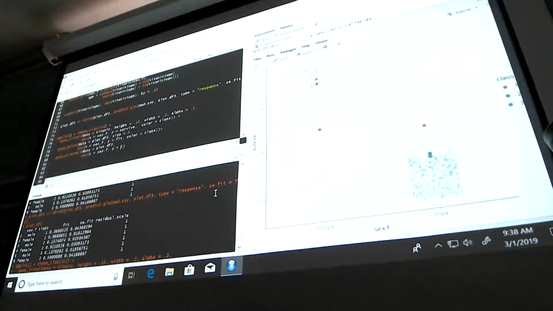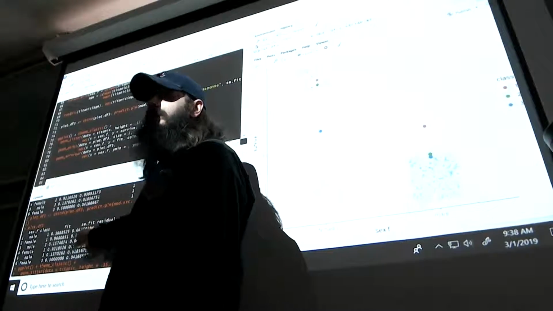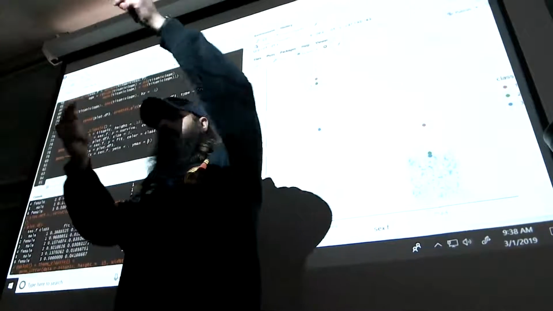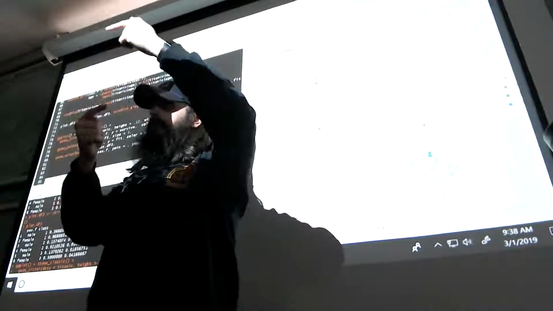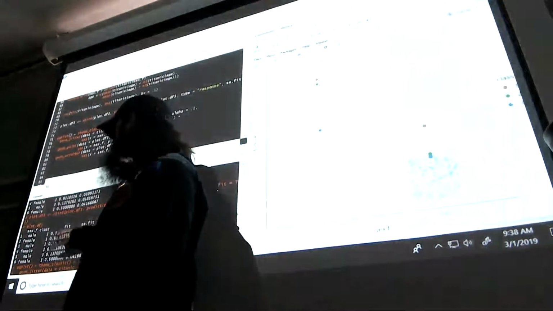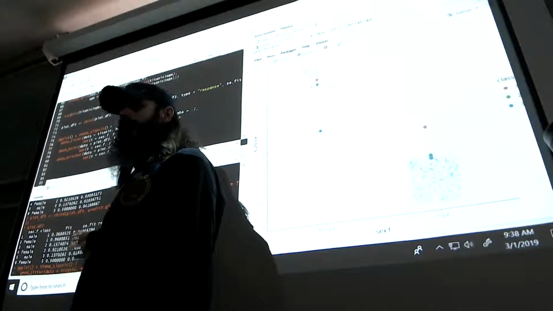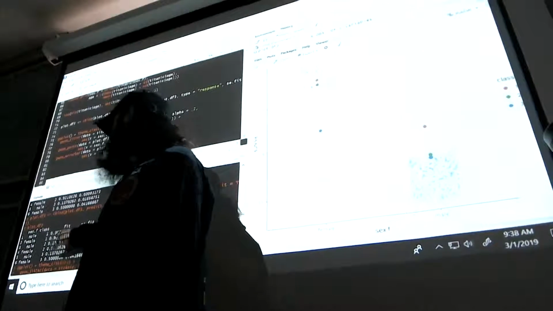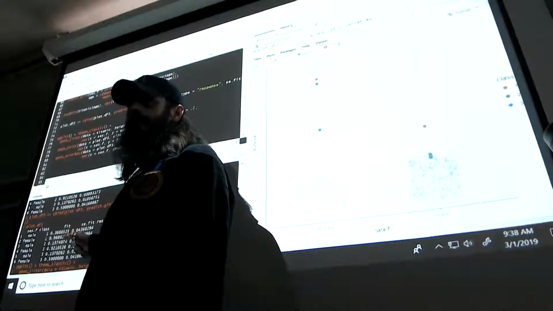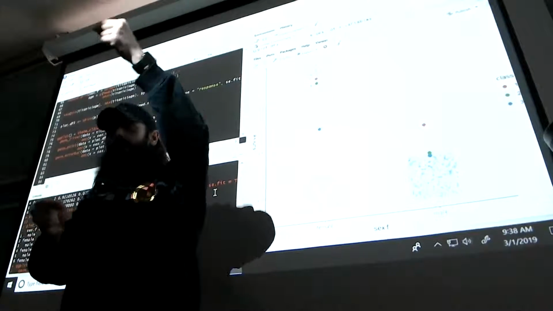For this error bar, we have ymin and ymax. If we just say that our ymin equals the prediction minus the standard error, and the max is the prediction plus the standard error, then what our error bars are showing is the prediction and the standard error. If we do the fit plus 1.96 times the standard error and fit minus 1.96 times the standard error, now that becomes the prediction and the 95% confidence interval.